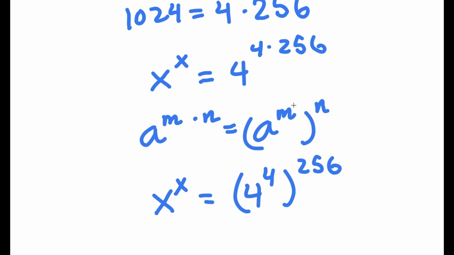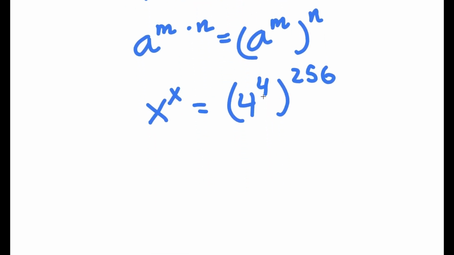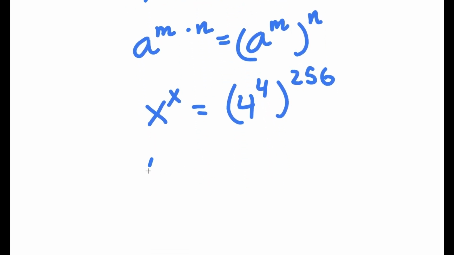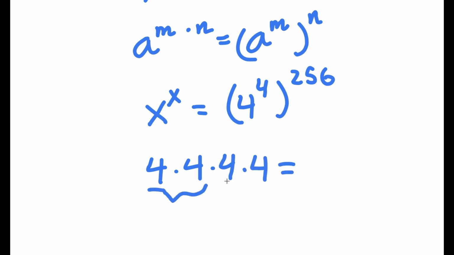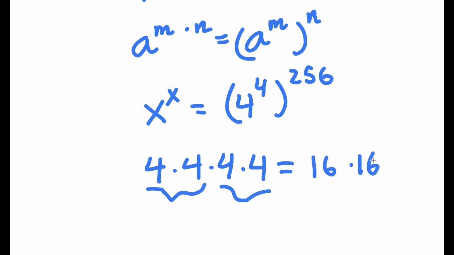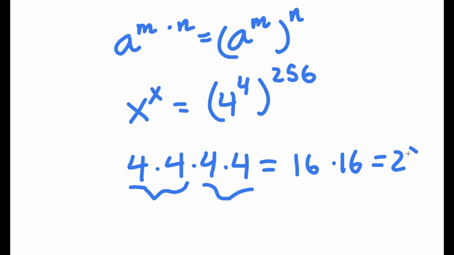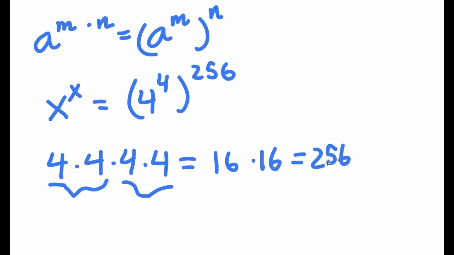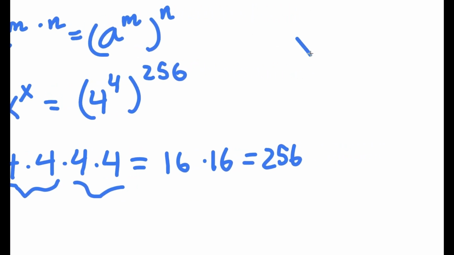And now, well, 4 to the power of 4, that's the same thing as 4 times 4 times 4 times 4. 4 times 4 is 16, so I have 16 times 16, which is equal to 256. So now I get x to the power of x is equal to 256 to the power of 256.